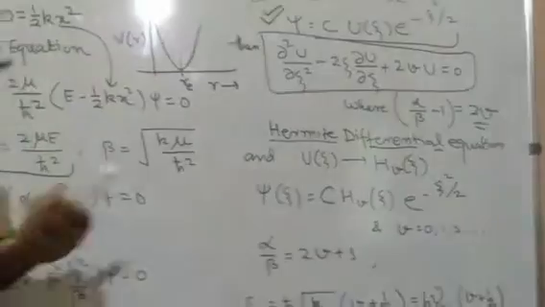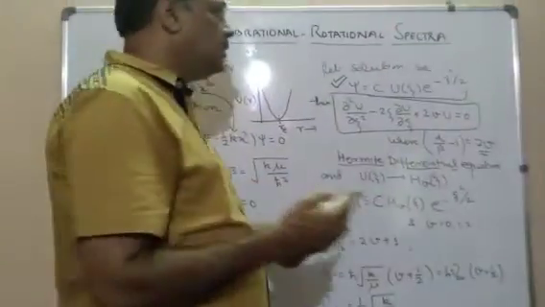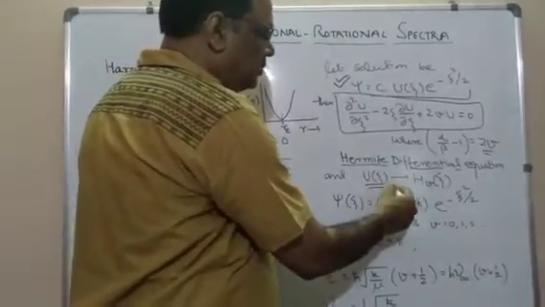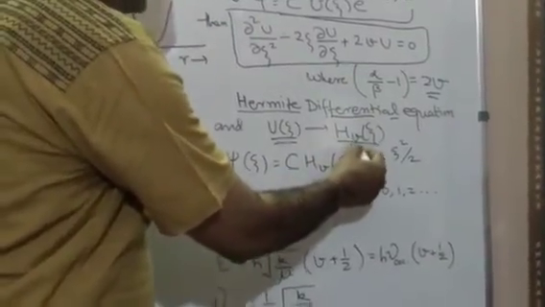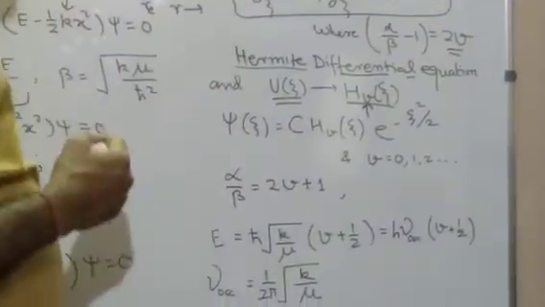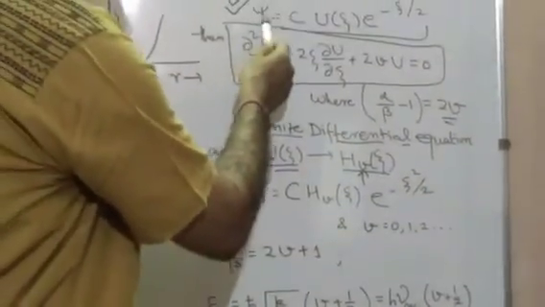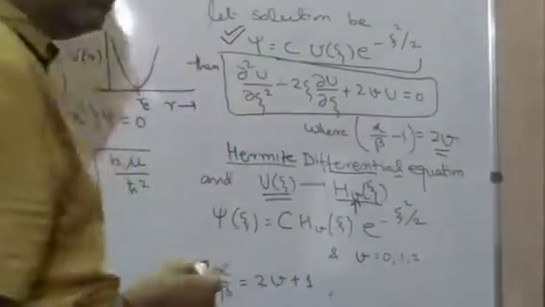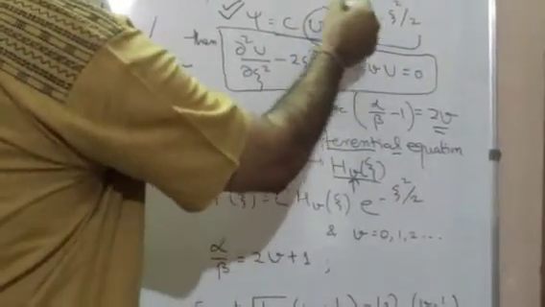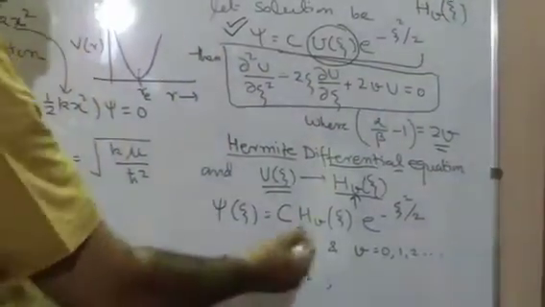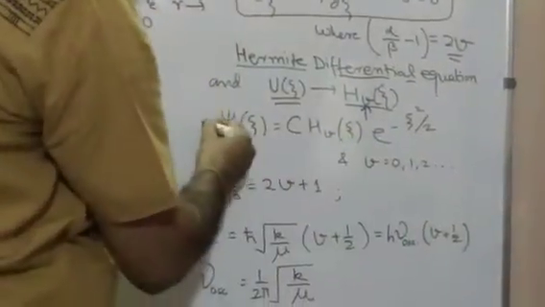These are some mathematical derivations by which we reach the Hermite differential equation, and then we can replace u psi by H psi, where v is the vibrational quantum number, which has the values 0, 1, 2. So what will be our solution? We started from psi equal to c u chi e to the power minus chi square by 2. Now we can replace u psi by H_v psi, so we have the solution like this.